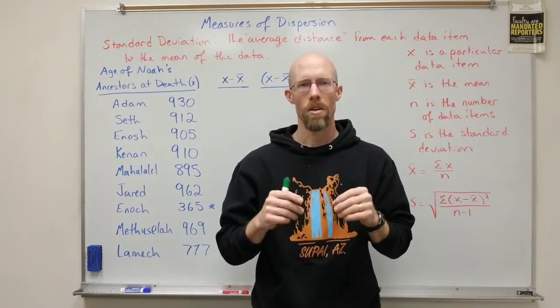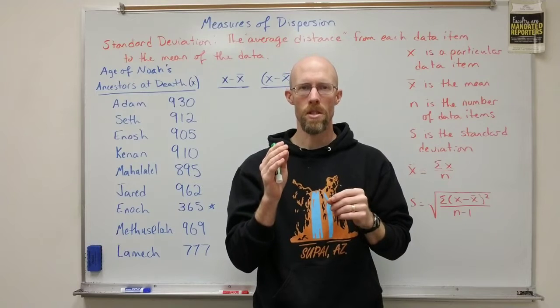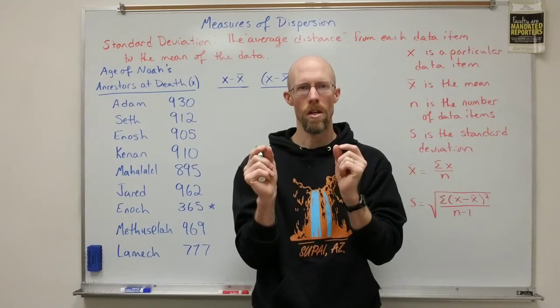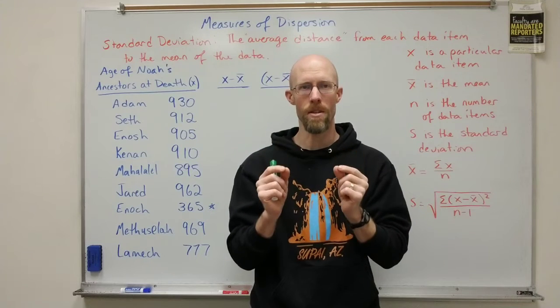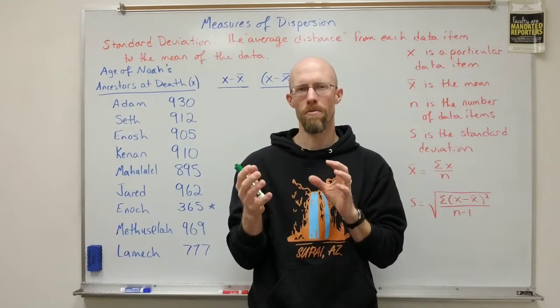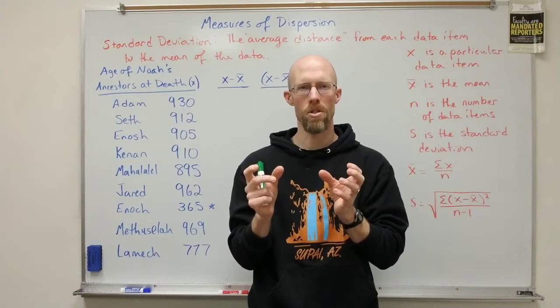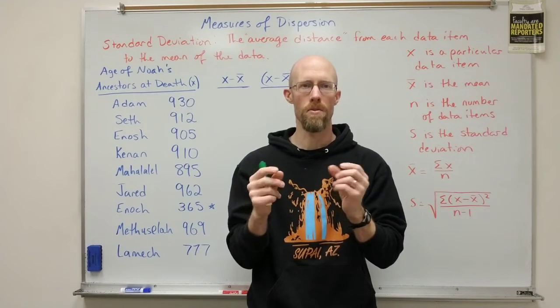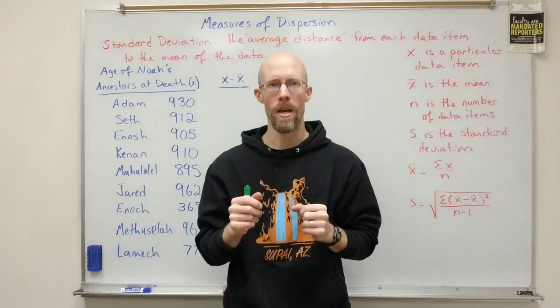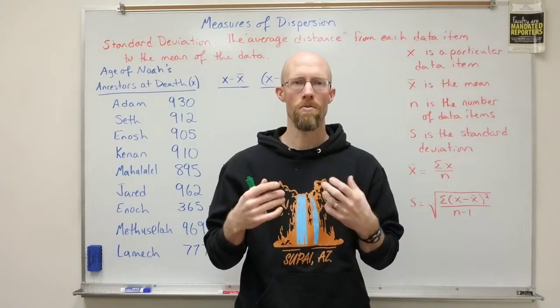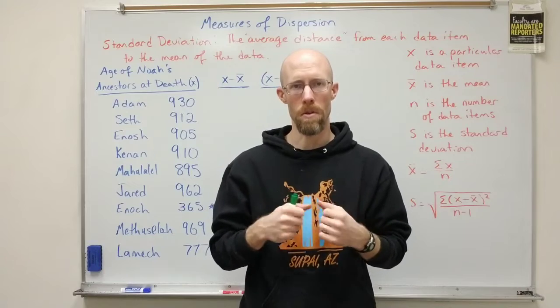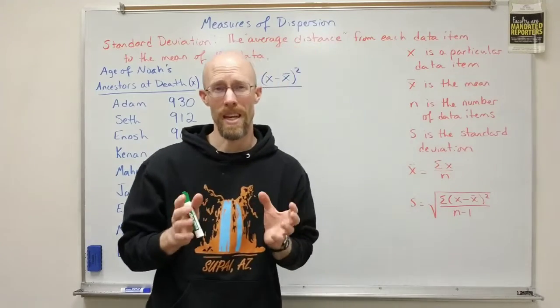And then what we're looking at with the standard deviation is how much does each individual data item differ from the mean? How far away from the mean is it? And then take some sort of an average of all those differences or distances, okay? And that'll give you some idea of how spread out the data is from that central value of the mean, all right? So that's the idea behind this.